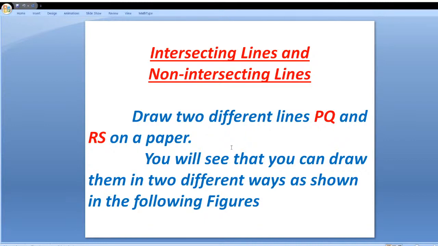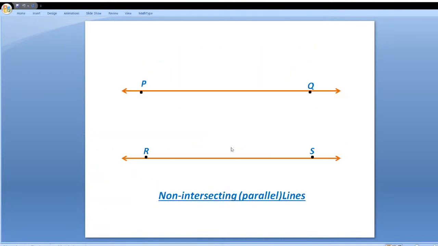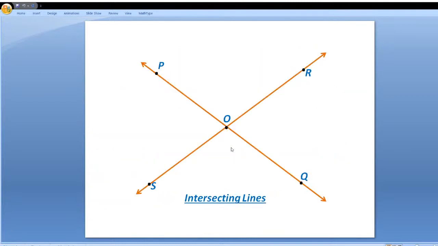Now, intersecting lines and non-intersecting lines. So draw two different lines PQ and RS. You will see that you can draw them in two different ways as shown in the following figure. See here the figure, just like this, intersecting lines PQ and RS.